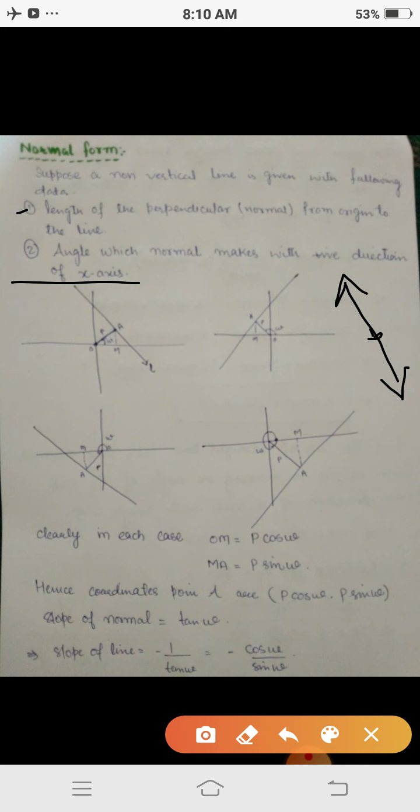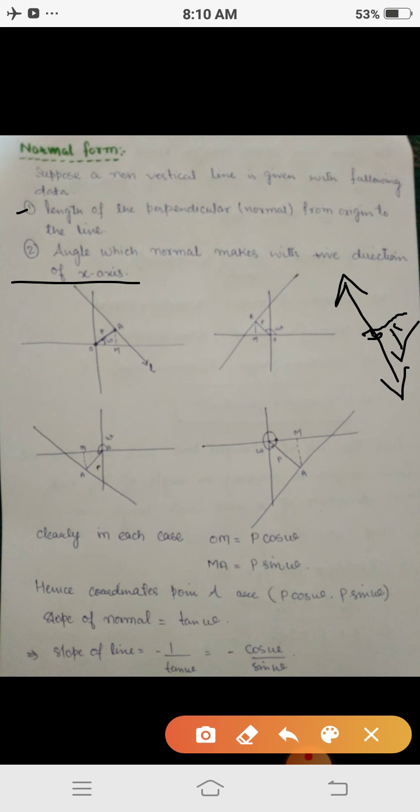Now if from this point we draw a perpendicular to the tangent, then this perpendicular is called the normal. The tangent as well as the normal should lie in the same plane. So this is called the normal, or simply the perpendicular.